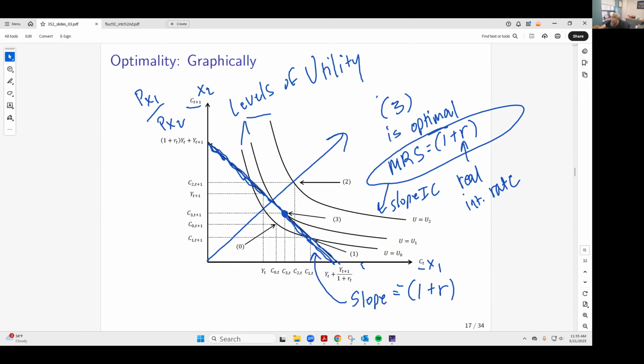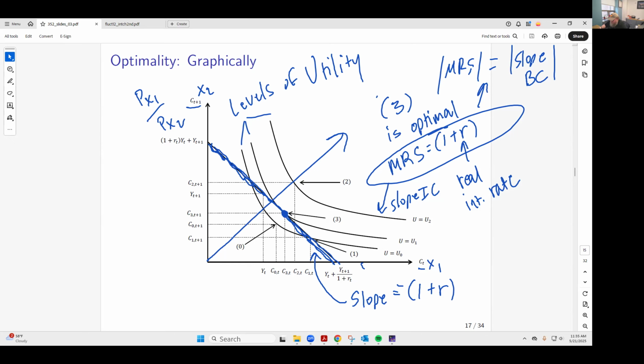In fact, very often I will frame this as the absolute value of MRS set equal to the absolute value of the slope of the budget constraint. So if you were a little confused as to why I never mentioned the negative, despite the fact that these lines are negatively sloped, I just skip that step, and sometimes I forget that I probably need to explain that to students.